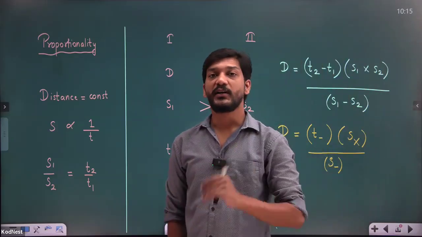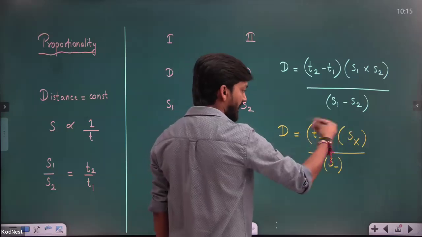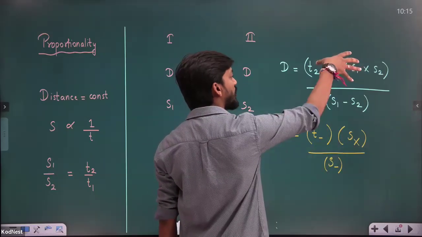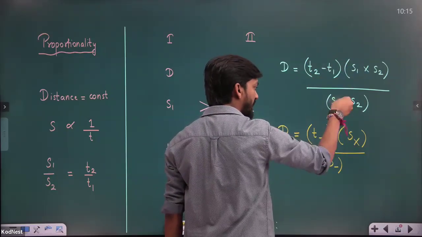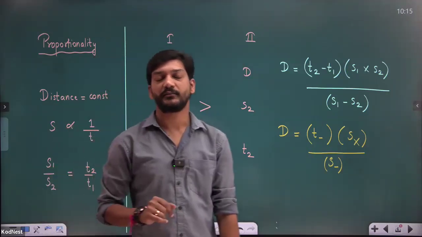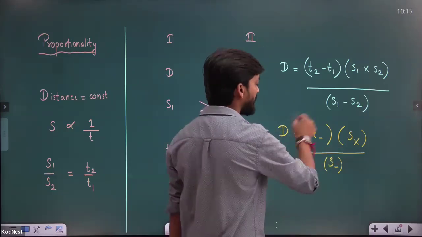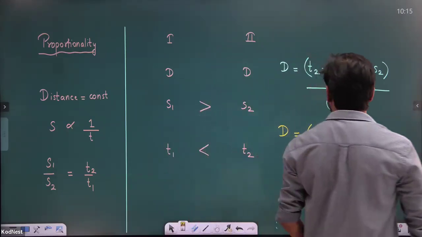Some notations, notation means representation. Some representation I have taken to create a short form of these three, 1, 2 and 3. The meaning must be clear. All of you clear with this? So this is the formula we have to apply.